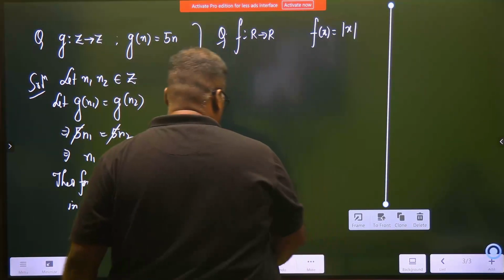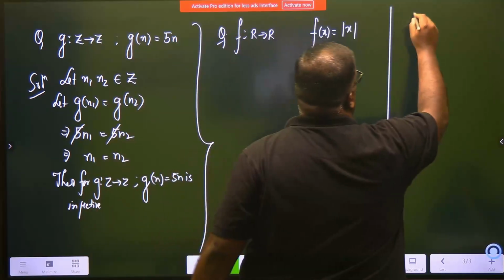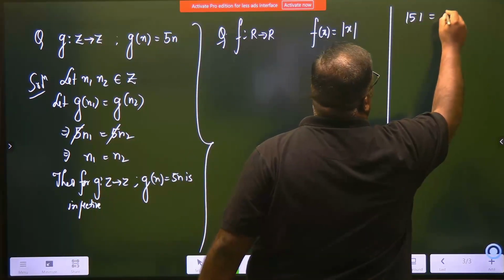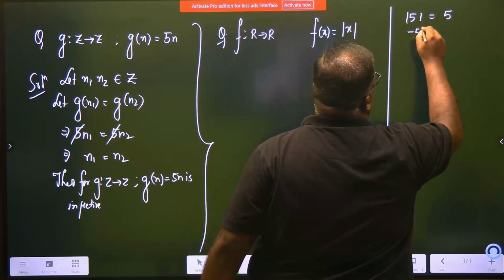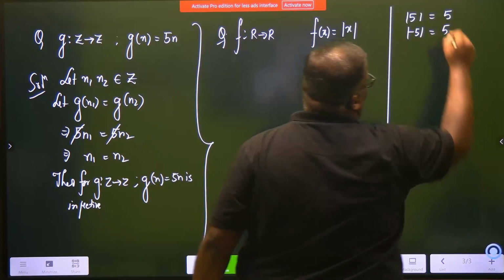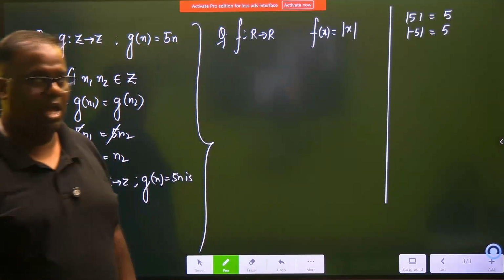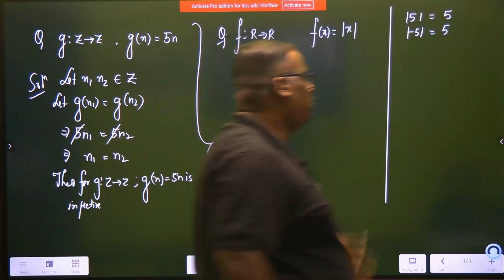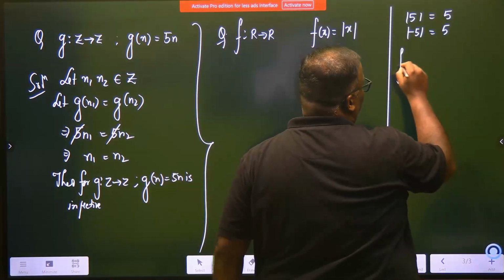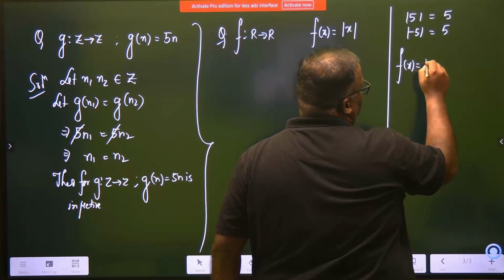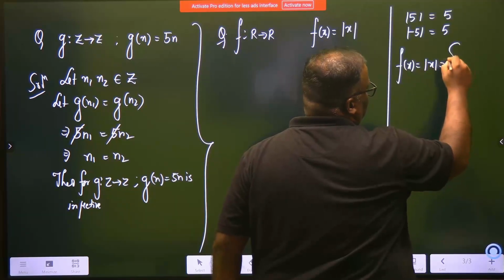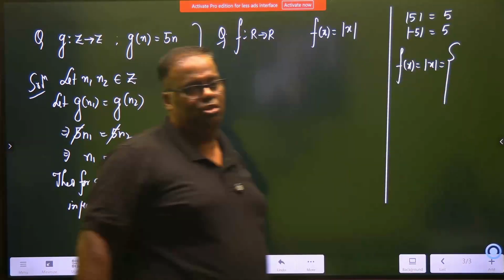Okay. Let's go by a basic process. What is mod of 5? 5. What is mod of negative 5? 5. Also known as absolute value. So in algebra, if you ever get a function f of x is equal to mod of x, this function can be broken into a piecewise function, two pieces.